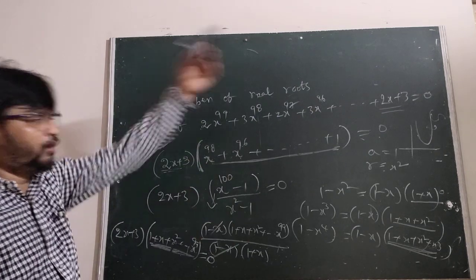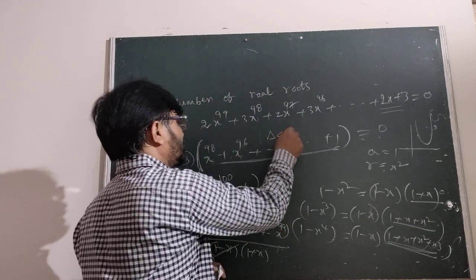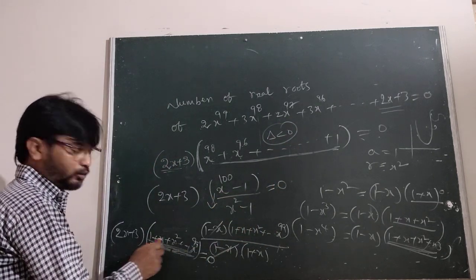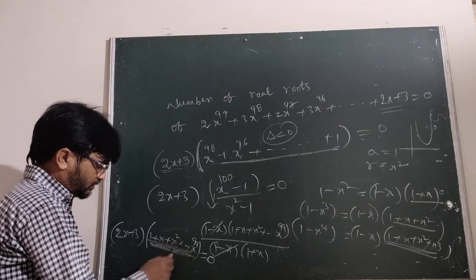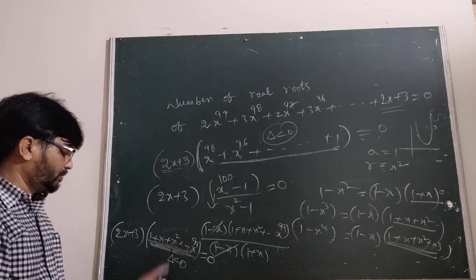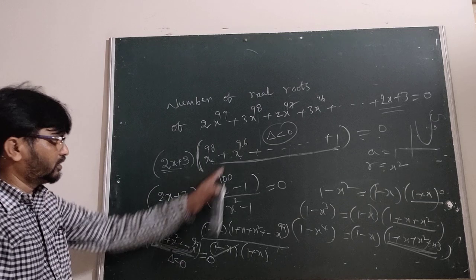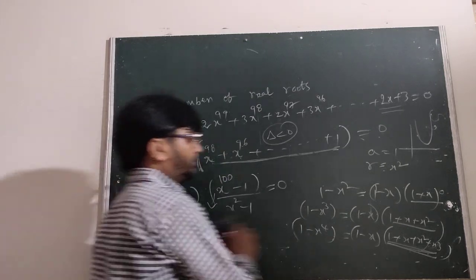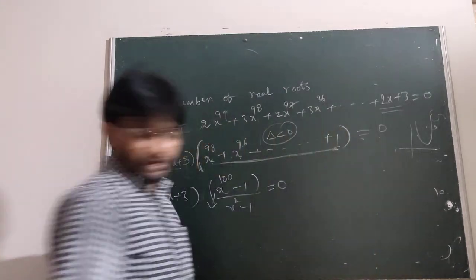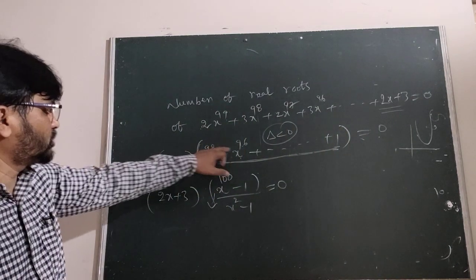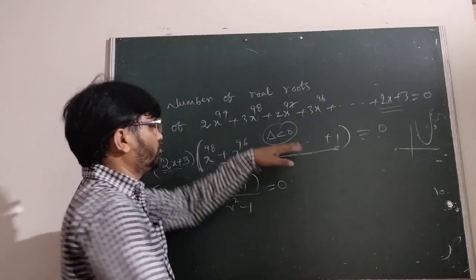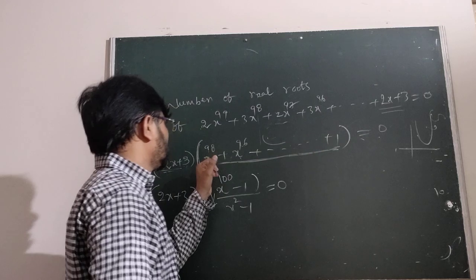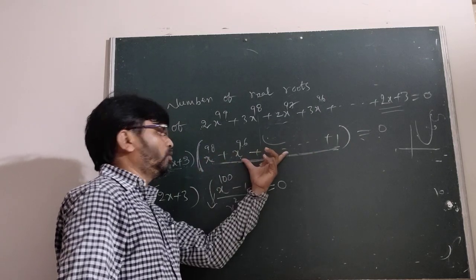When the graph lies above the x-axis, its discriminant must be less than 0. And another one is this one. This also has imaginary roots. All terms are positive, so the discriminant must be less than 0. These are the two cases. One of the cases is x power 98, x power 96 and so on, plus 1. This represents all positive numbers.